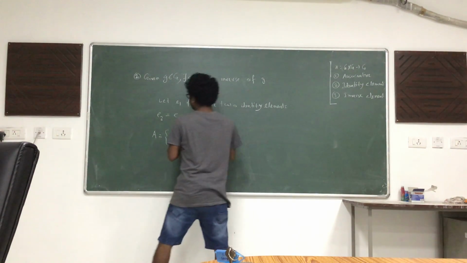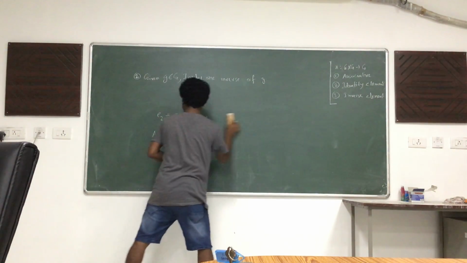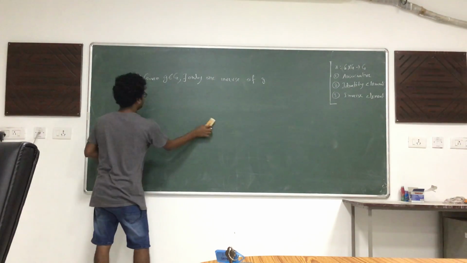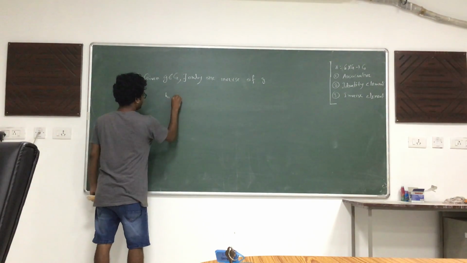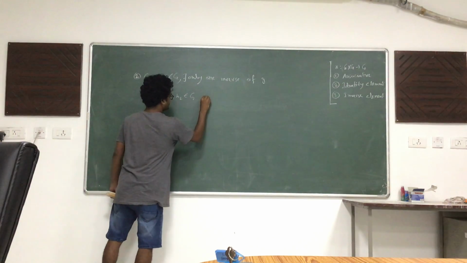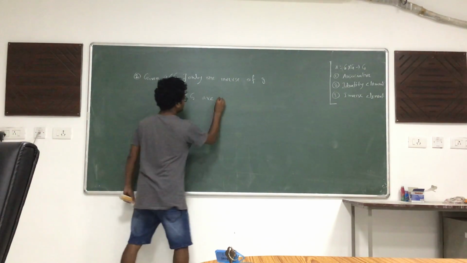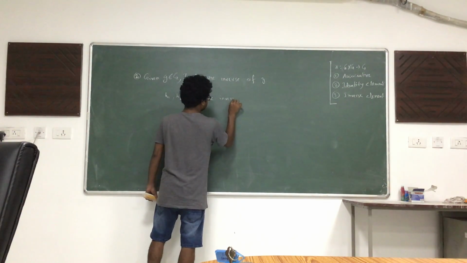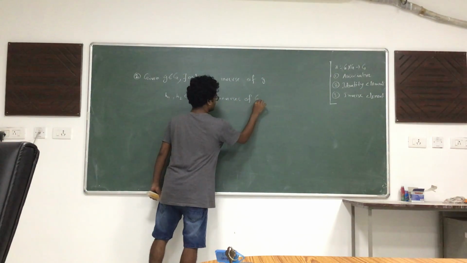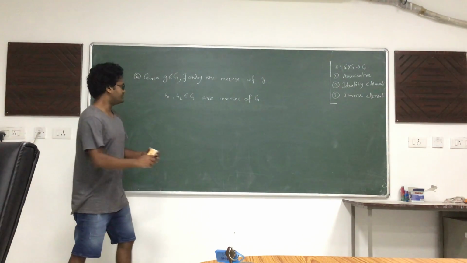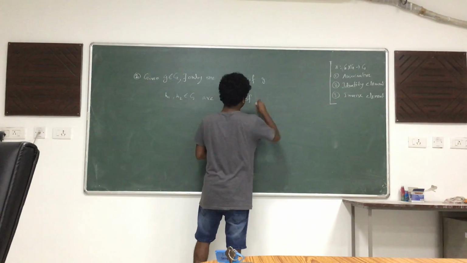Okay. Again, let us say h1, h2 belong to G are two inverses of small g.